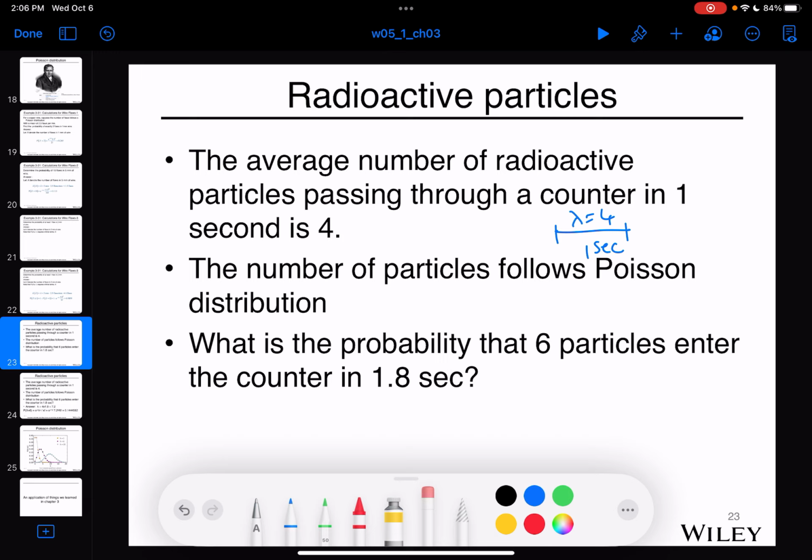So the first thing I have to say is, okay, now my time interval is 1.8 seconds. So my new lambda is going to be 4 times 1.8, right? So that's my new lambda, and this is my X. And that's it. The rest is just plugging into the equation.